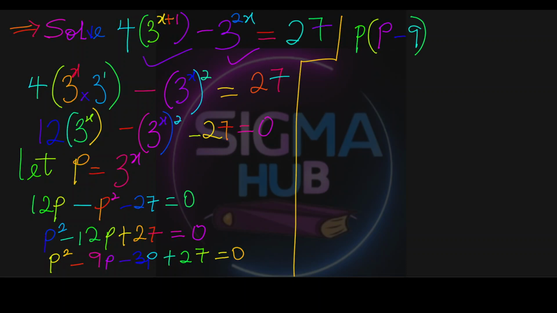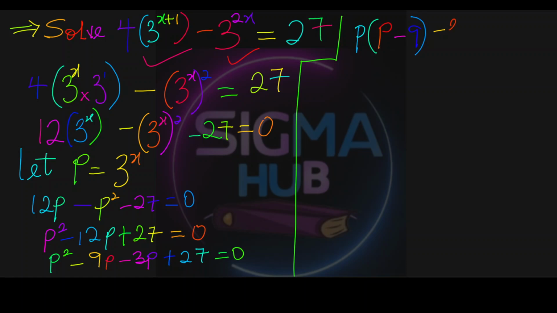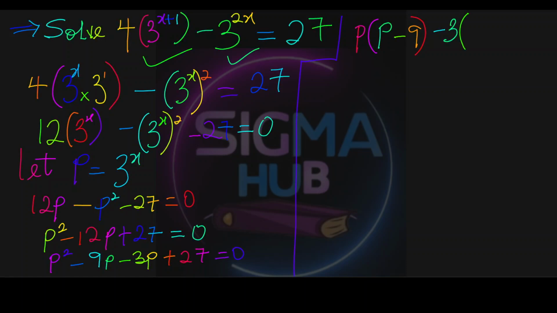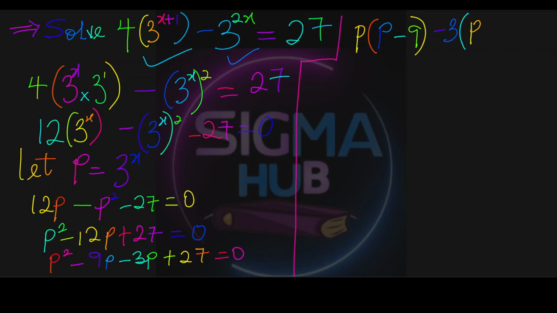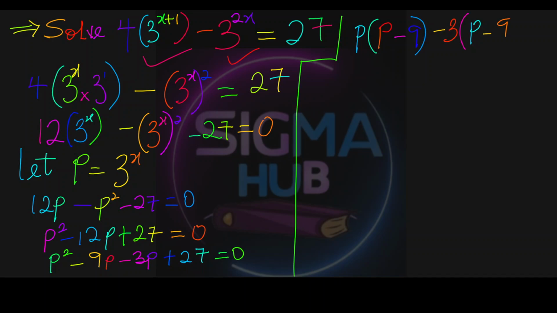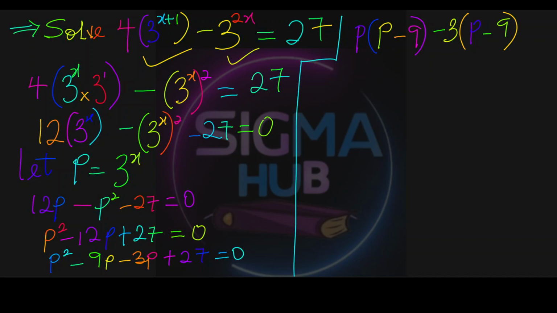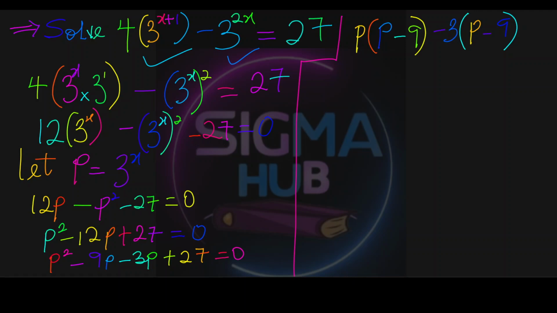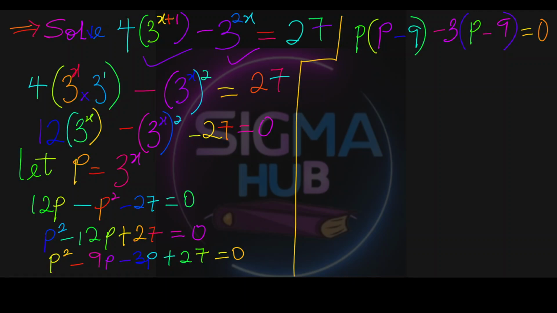Then minus 3 in bracket: minus 3 in minus 3p, then be p. Then minus 3 in plus 27 is going to be minus 9 also, because plus and minus is going to give us negative. So everything equal to 0.